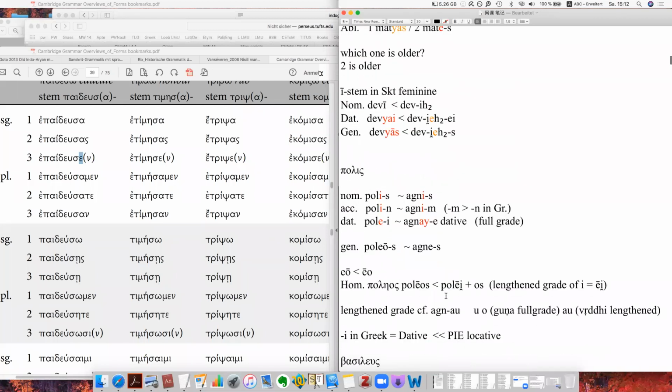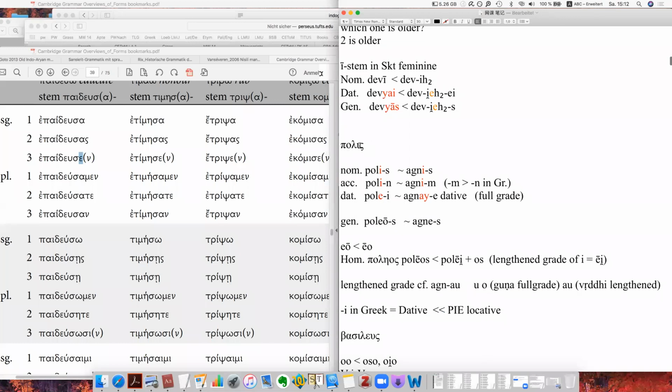And based on this, we try to explain the forms of polis and basileus we haven't explained, but it's basically the same. So the problem is dative. So dative here, polei, goes back to a full grade, just like in Sanskrit. And the genitive a little bit weird because this form, polis, is Attic form, and the Homeric form looks like this one.